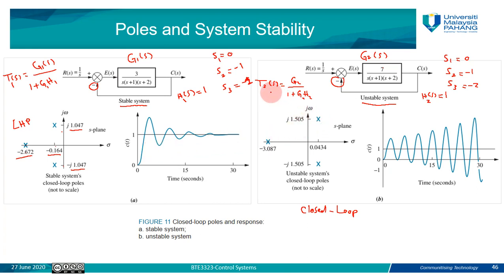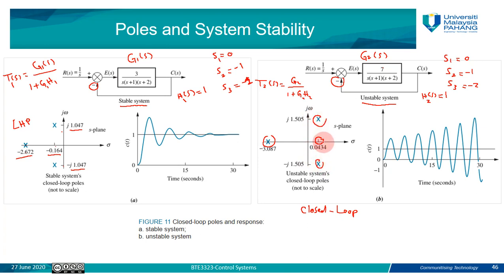If you solve T2(s), you find the closed loop transfer function for this system, and you are going to find four poles also. One is at negative 3, but you have another pole at positive 0.04, and two poles on the imaginary axis.